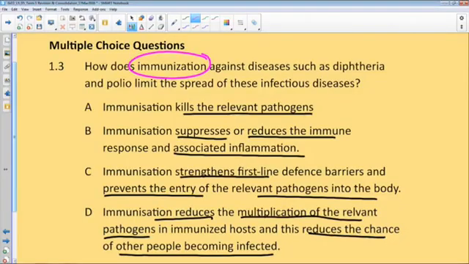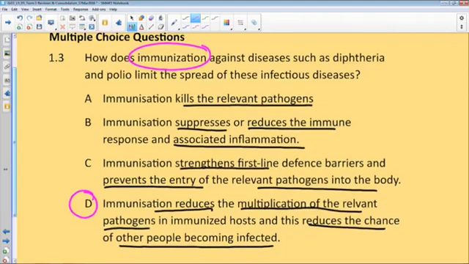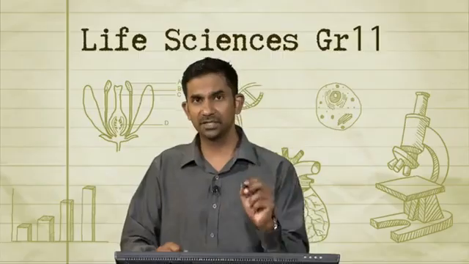The answer here was D, and the reason I'm going straight to this, guys, is because let me explain this answer clearly so that it does not confuse us. Immunization reduces the multiplication of relevant pathogens in the immunized host, and this reduces the chance of other people becoming infected. So the idea behind vaccination is that when you receive a vaccine, your body builds up recognition of that, and immunization reduces the multiplication of the pathogen in the body, simply because the body has built up immunity.